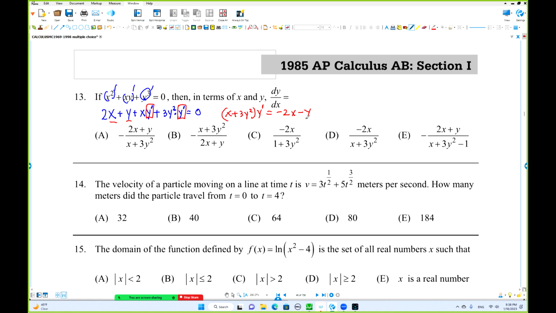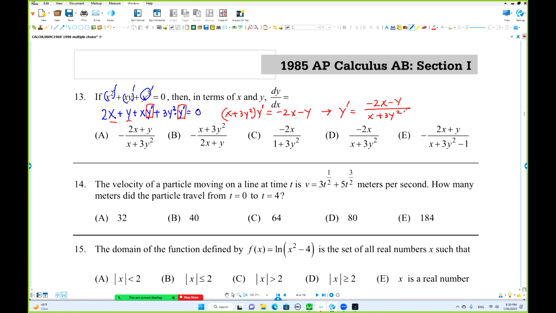After that, you can divide by x plus 3y squared. So from here, y prime equals negative 2x minus y over x plus 3y squared. Are you okay with this?